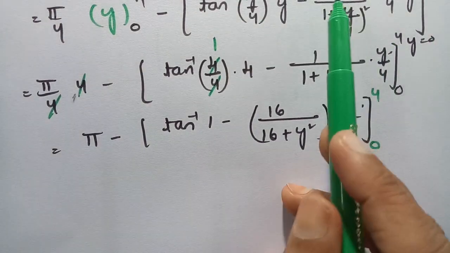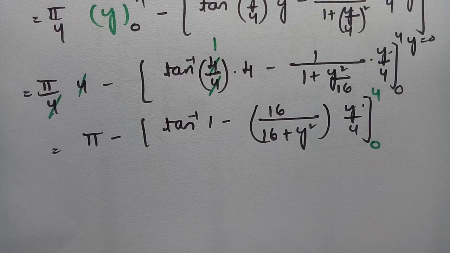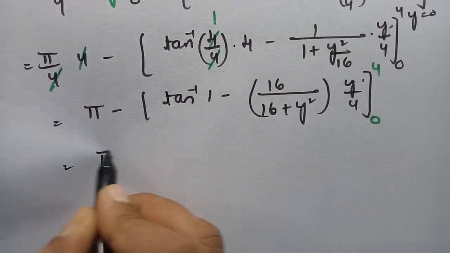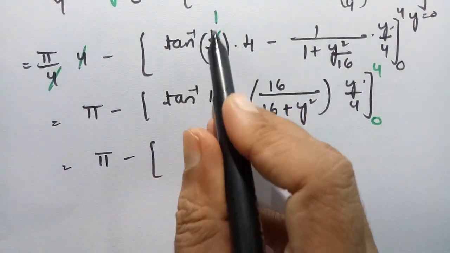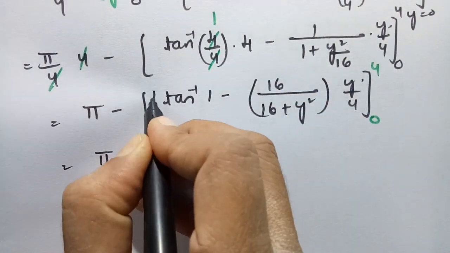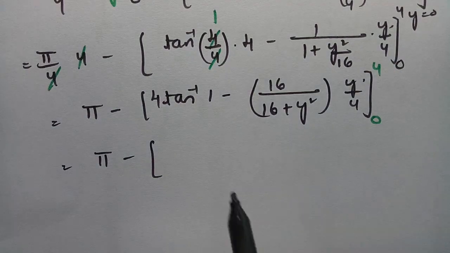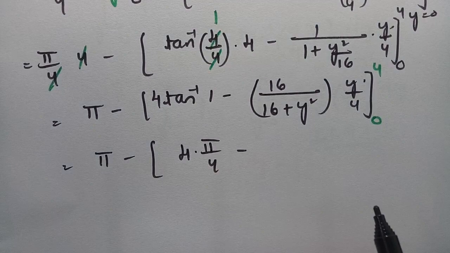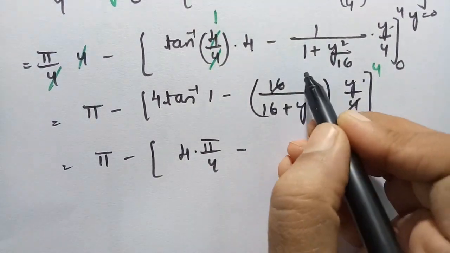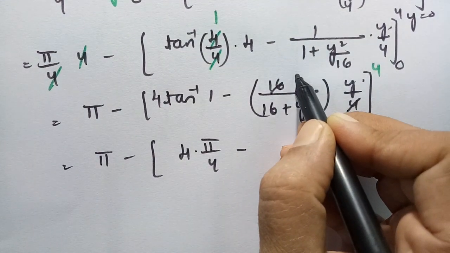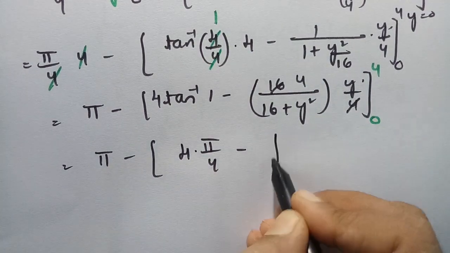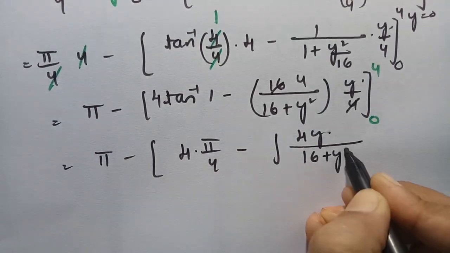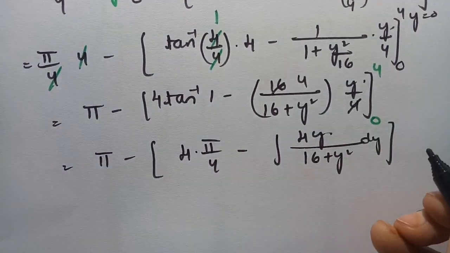This will be pi minus, if you observe, tan inverse of 1, and there is 4 here, so 4 into tan inverse of 1, so this is 4 into pi by 4, minus integral of 4y by 16 plus y square dy, after cancelling 4 times.